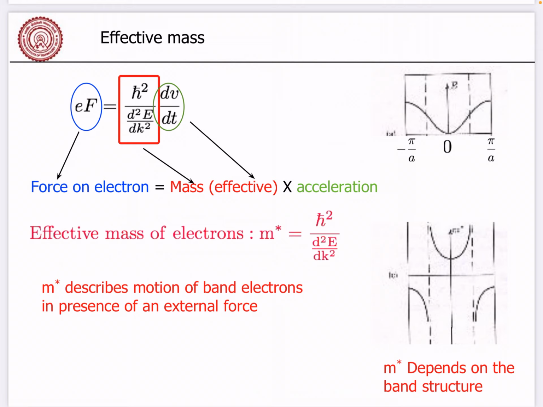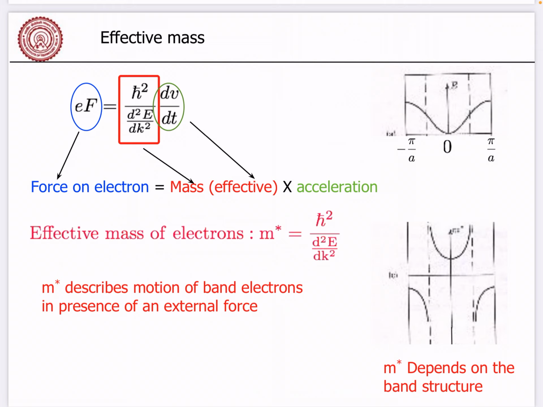So when we plot m star along the y-axis and k along the x-axis, you see that at the inflection point, the effective mass becomes infinite. It diverges, right? However, it is positive before that. But beyond the inflection point, the effective mass goes negative, because you have d2E/dk2.